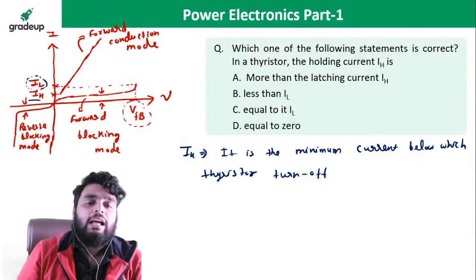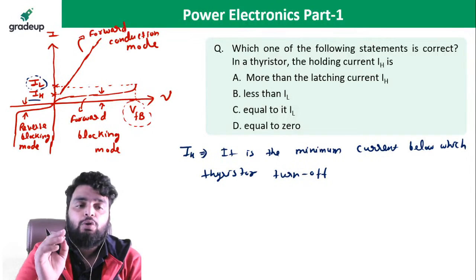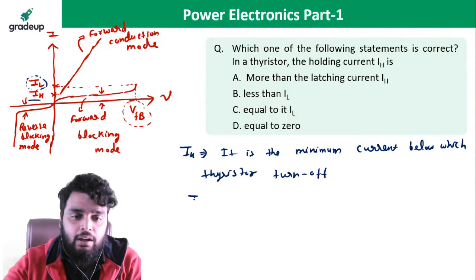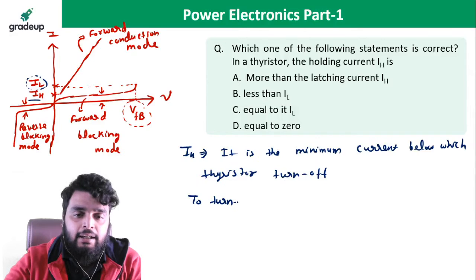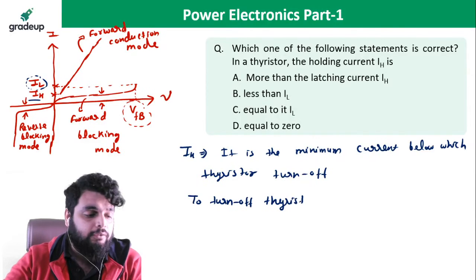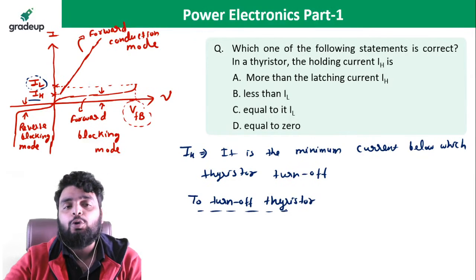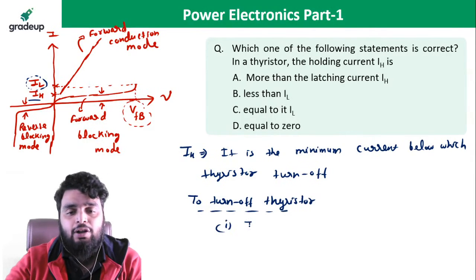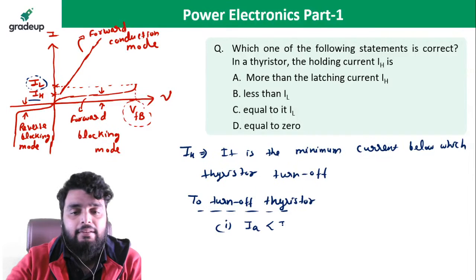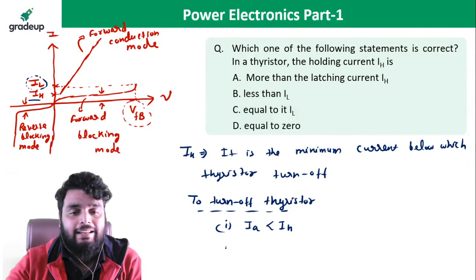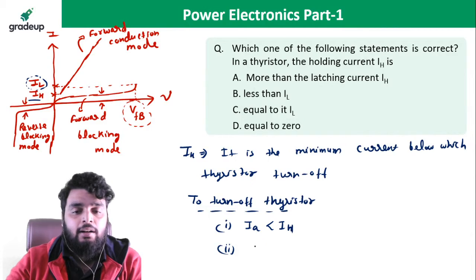To turn off the thyristor, remember this, it can be asked in your exam, I need to follow two conditions. First, the anode current must be less than the holding current, and second, a reverse voltage must be applied across the switch.